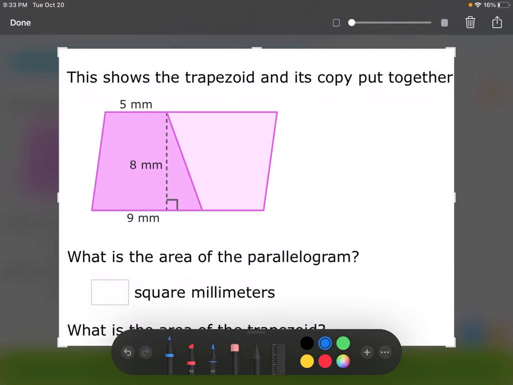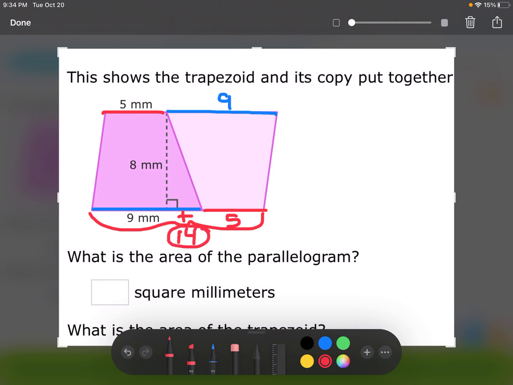Let's go ahead and let's find the area. So like we said, this was duplicated. So this long side, when it got duplicated and flipped upside down, is now here. And then the short side, 5, is down here. Okay? So to find total base, we would add 9 plus 5, which is 14.